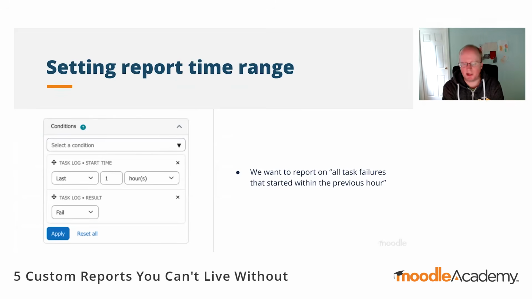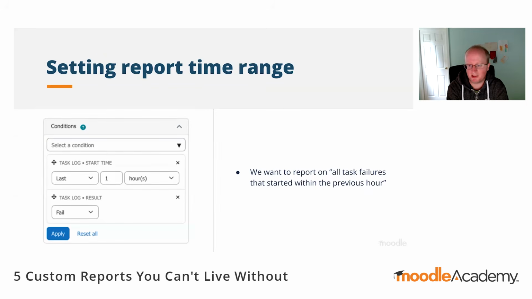So in this case, what am I doing? I'm creating a report. I want to know from the task log source any task that has failed within the last hour. This in itself is quite useful, actually, to find out if there are problems that we need to get on top of in our site. We might see a pattern.